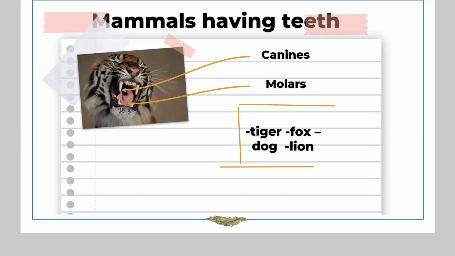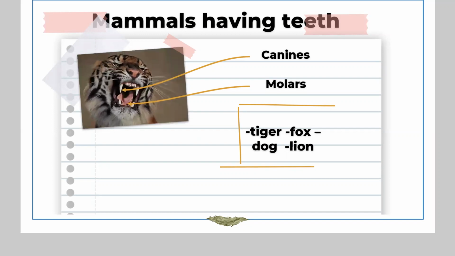If you think about this, the tiger is a predator. Fox, lion, dog, all of them are predators. So they need their sharp canines, molars and projections so they can easily hunt their prey.